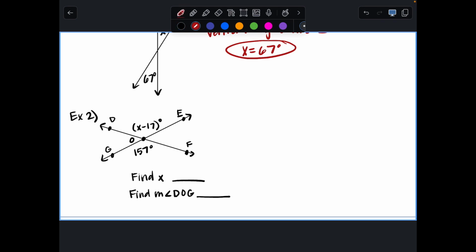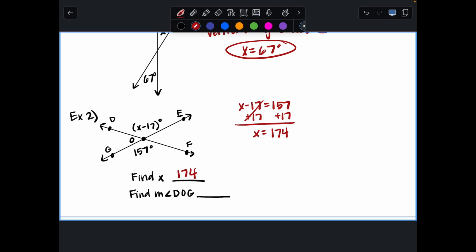So the first equation I can set up is that x minus 17 equals 157. So x equals 174.